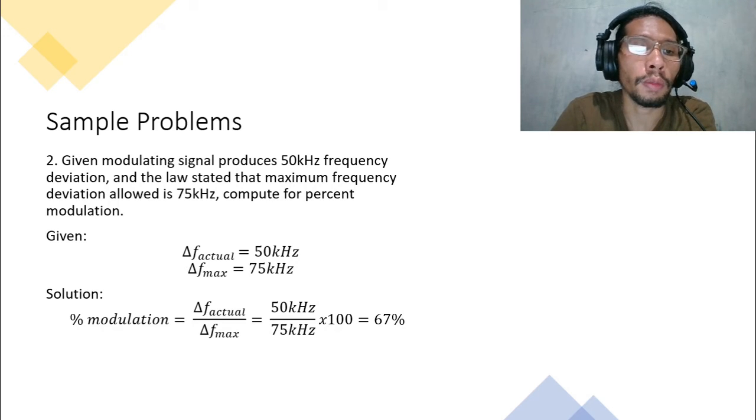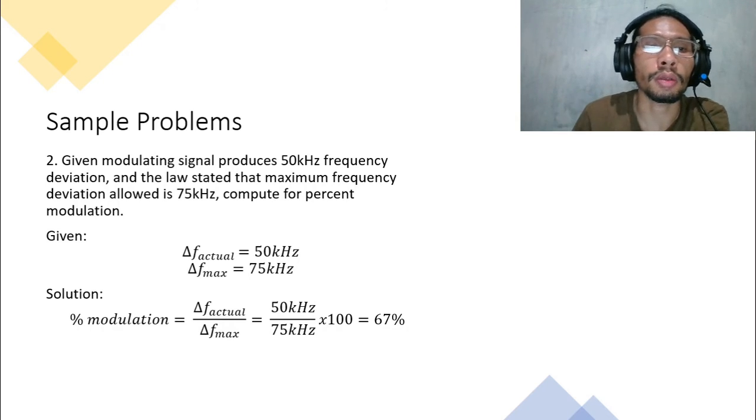So the percent modulation is equal to the actual frequency deviation over the maximum frequency deviation, that is 50 kilohertz over 75 kilohertz multiplied by 100, and the result is 67%.